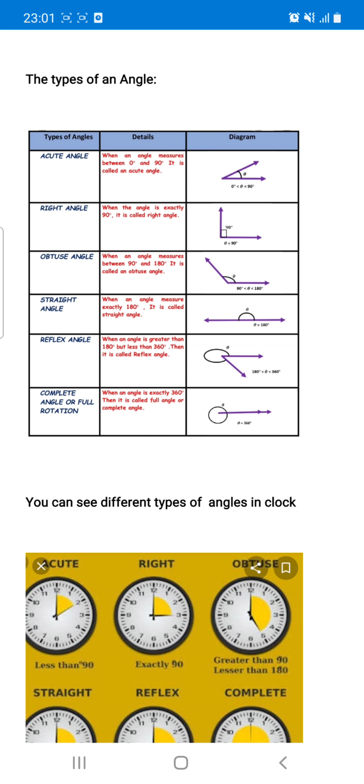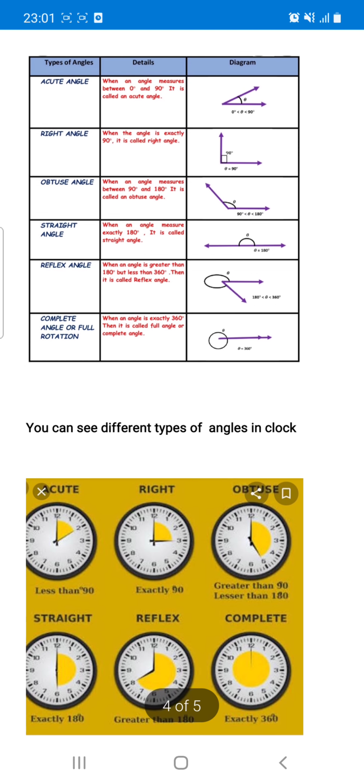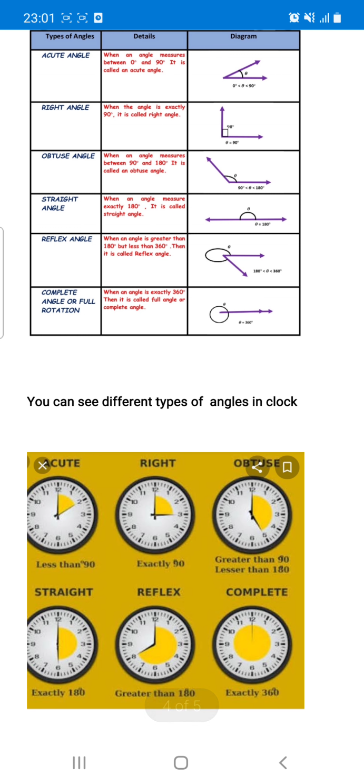Now the complete angle, or full rotation. A complete angle means the full rotation. When the angle measures exactly 360 degrees, meaning one complete round, that angle is called the complete angle.